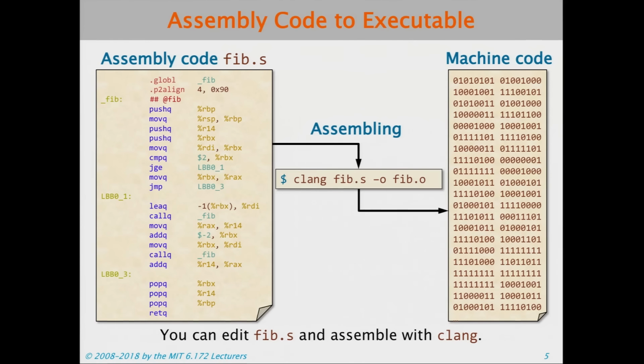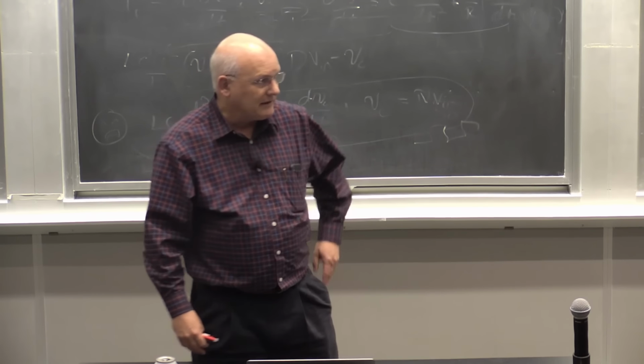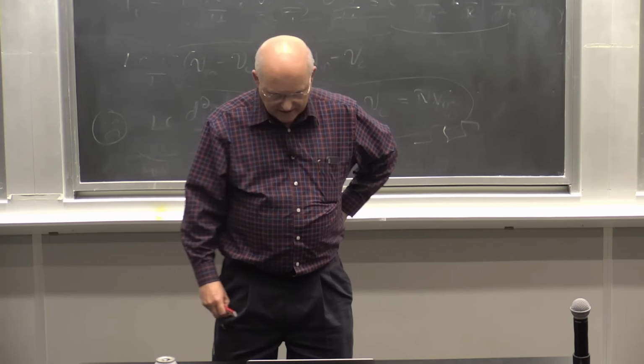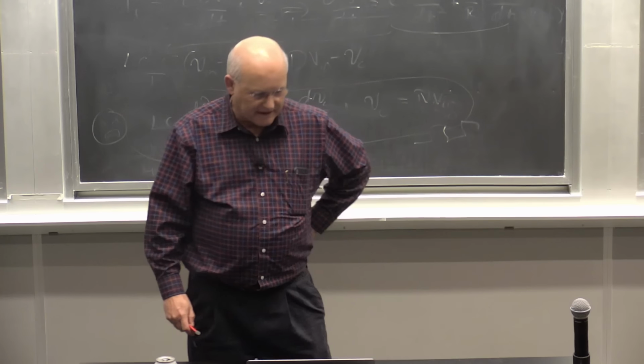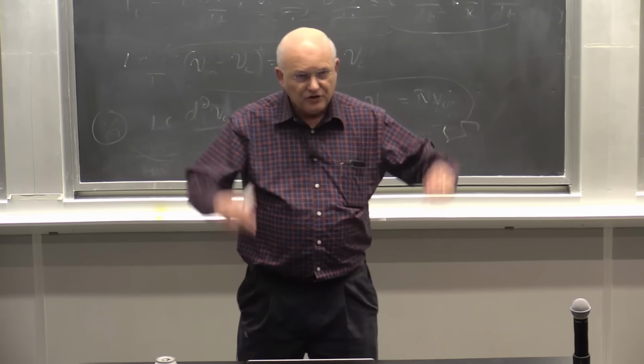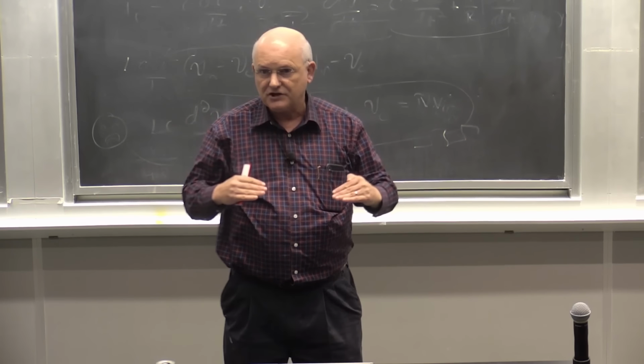From there, we assemble that assembly code, and that produces the binary. And once again, you can invoke it just by running Clang. Clang will recognize that it doesn't have a C file or a C++ file. It says, oh, goodness, I've got an assembly language file, and it'll produce the binary. Now, the other thing that turns out to be the case is because assembly and machine code are very similar in structure.